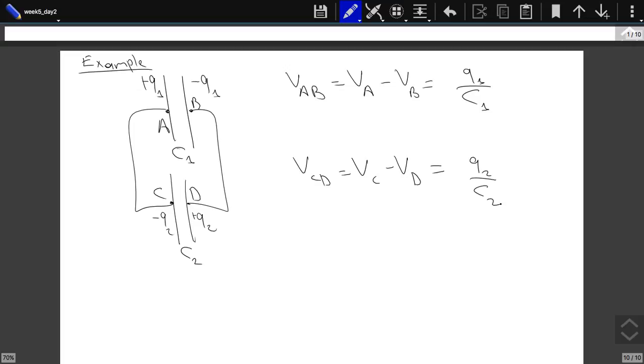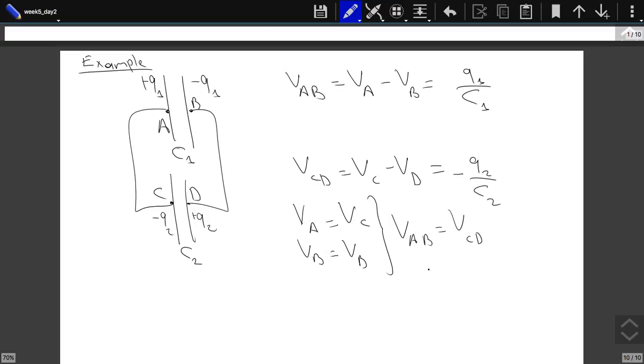Well, VD is where we identified a positive plate, so it should be positive. No, VD is larger than VC, so this should be negative. But since VA should be equal to VC and VB is equal to VD, they are on the same conductor, VAB should be equal to VCD.